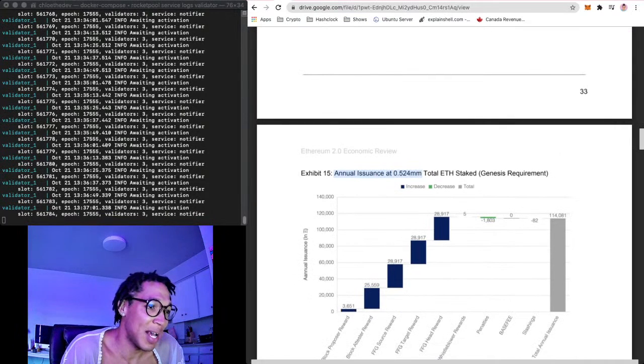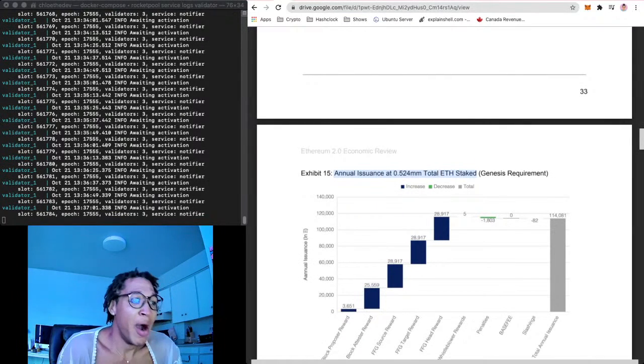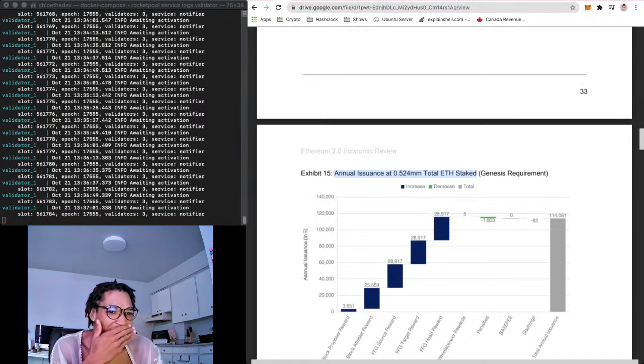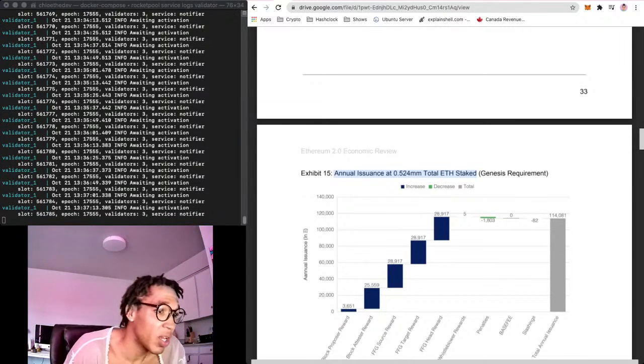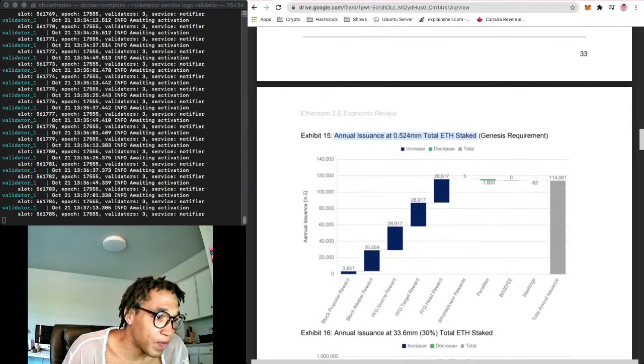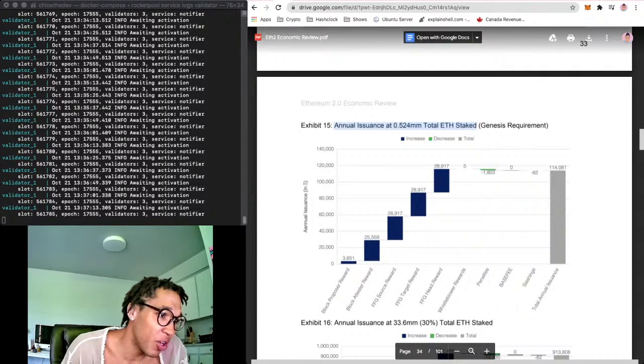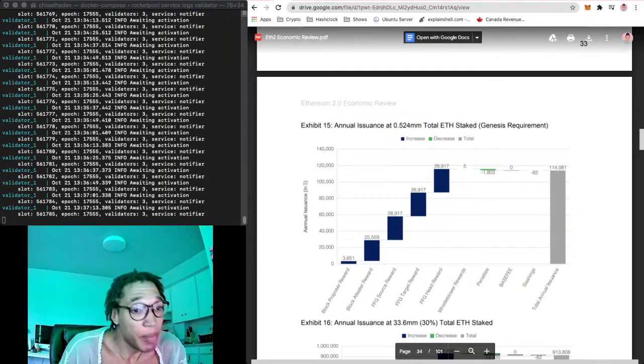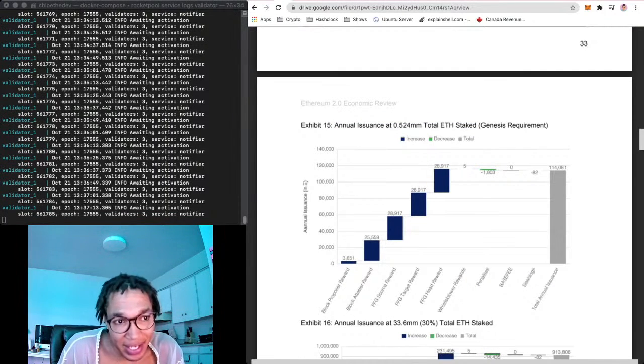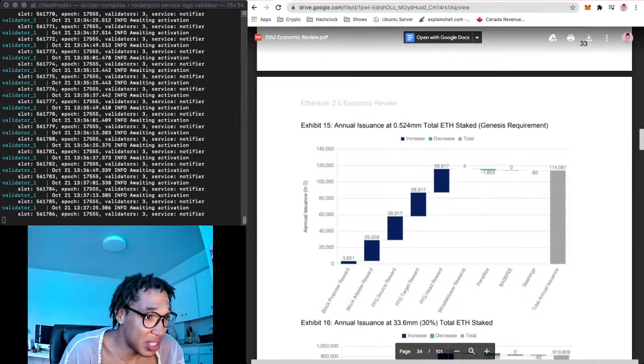Annual issuance at 0.524 million. Total ETH staked, which is a Genesis requirement. So yeah, now we're just going through the annual issuance of ETH. Because the rewards are given in ETH2, you'll see the annual issuance.